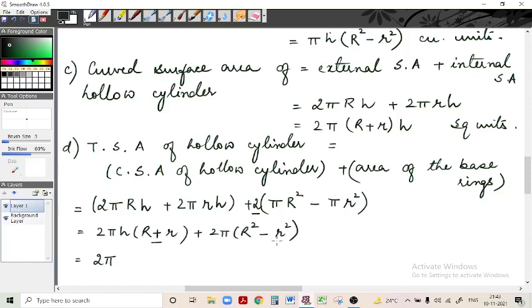So capital R plus small r I can take common, and I will be left with h plus R minus r. I hope all of you understood how I am deriving the formulas, and these formulas I am going to apply while I do the questions.